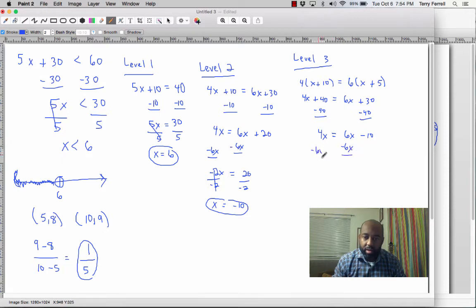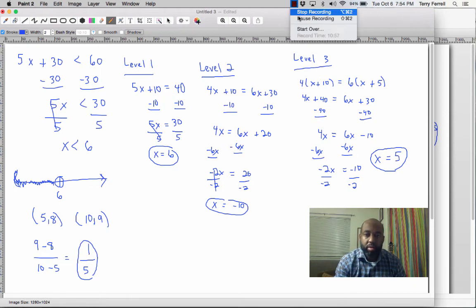So now I have negative 2x equals negative 10. And then divide by negative 2. So x is equal to positive 5. Alright, let me pause. Go to another screen.